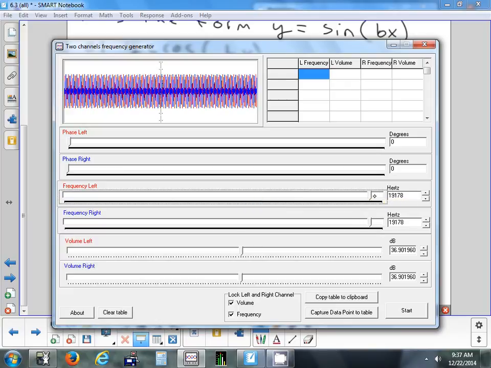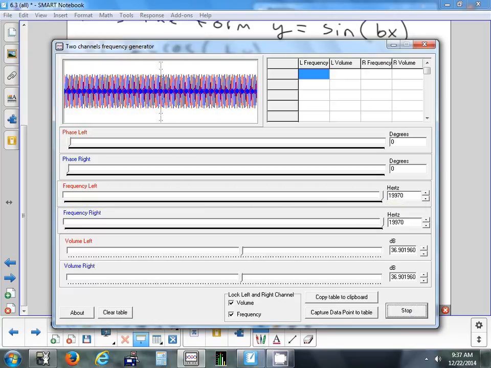So in this case, we've stretched our graph out twice as long. We've made the wave twice as long as normal. Normally it would have been from 0 to 2 pi. We stretched it out.